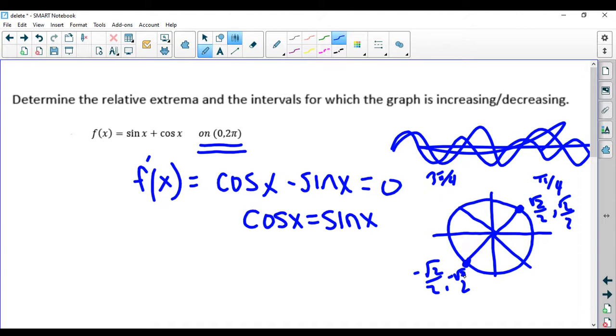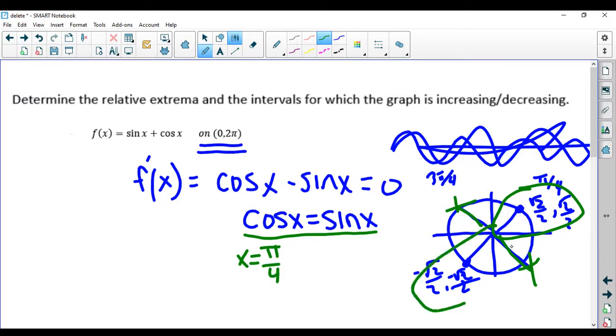On the other two, this one and this one, one of them is positive and one of them is negative, so they're not equal. Therefore, the critical numbers where cosine and sine are equal are this angle, which is pi over 4, and this angle, which is 5 pi over 4.